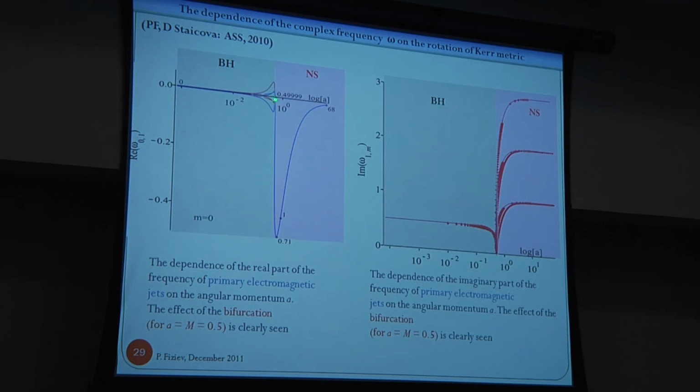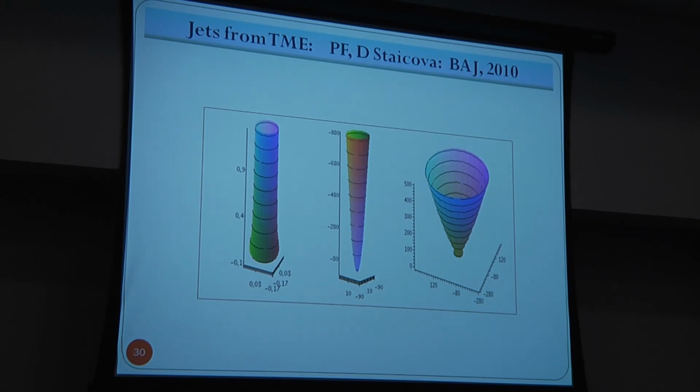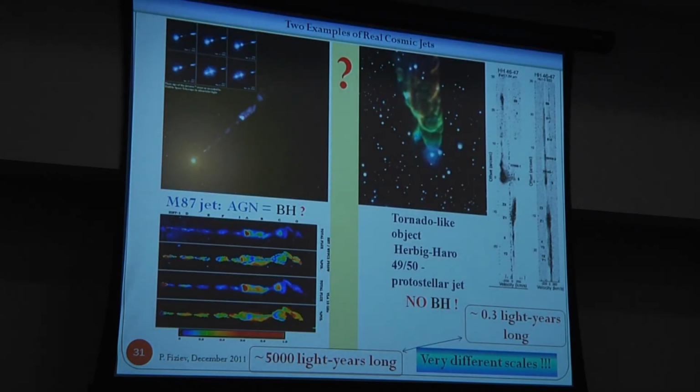And we can see the frequencies and their evolution. Here is the precisely extremal Kerr black hole. And you see the phase transition from black hole to Kerr naked singularity. Moreover, we can show some pictures of such jets obtained by our solutions. They look more or less nice, but much nicer look these things which are real.